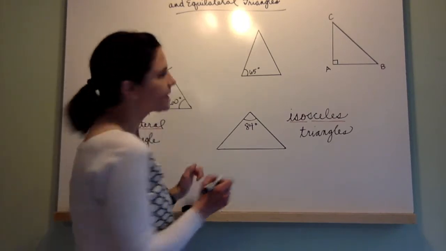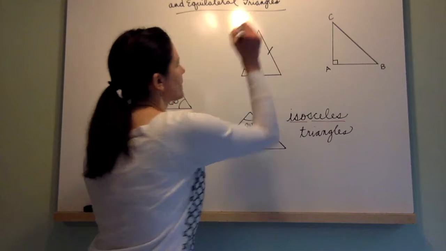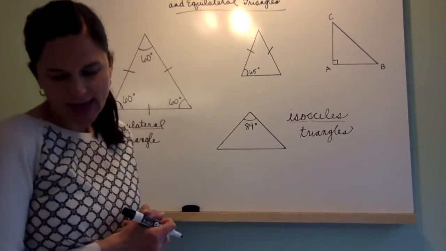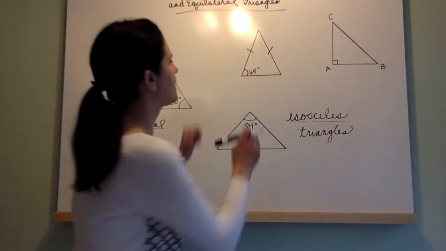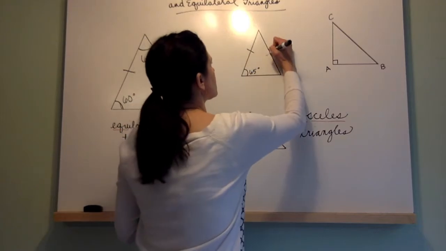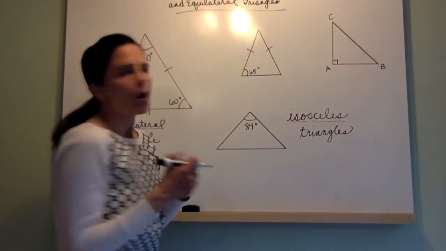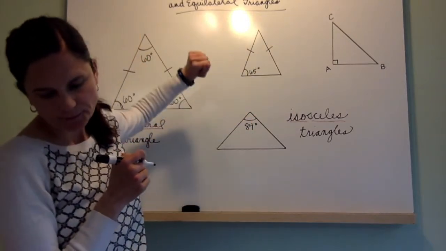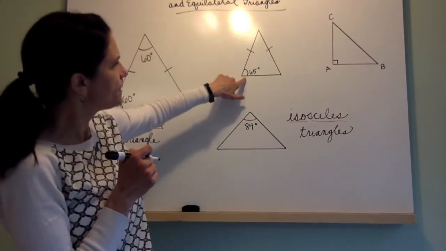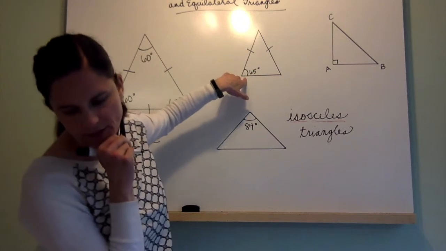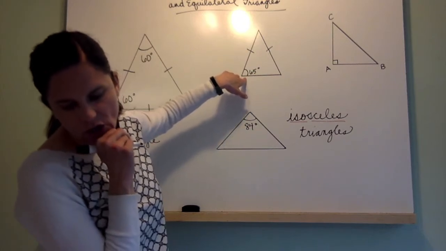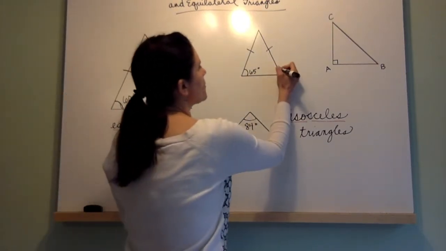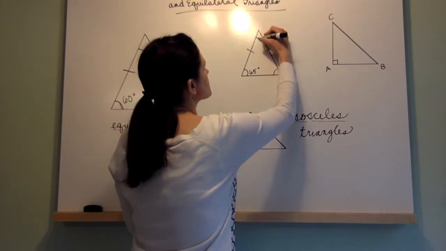So let's look at this one first. I'm given that these 2 sides, let me make that a little bit more straight, are equal. I'm told that by those crosshairs. And I've been given that this angle is 65 degrees. Could I find the other 2 angles?